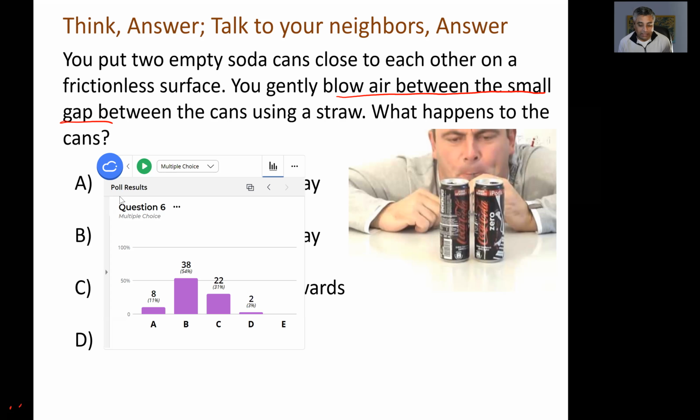But a lot of people seem like they disagree because they did not choose A, right? So anybody, please share your thoughts on this.